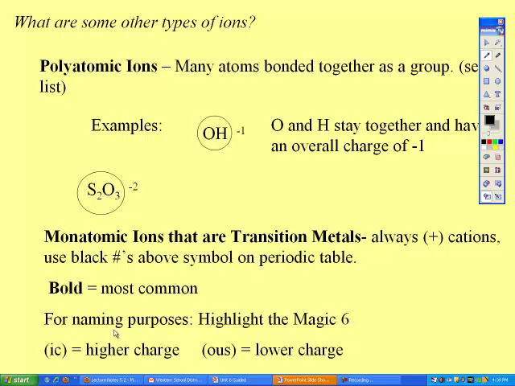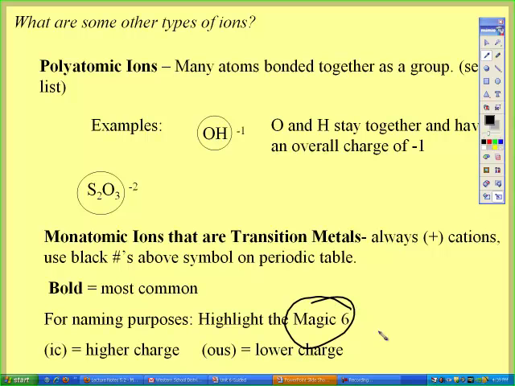For naming purposes, when we start to name compounds, you need to highlight what we call the magic 6. On the next slide I'll help you with this, but the magic 6 are chromium, iron, copper, tin, mercury, and lead.